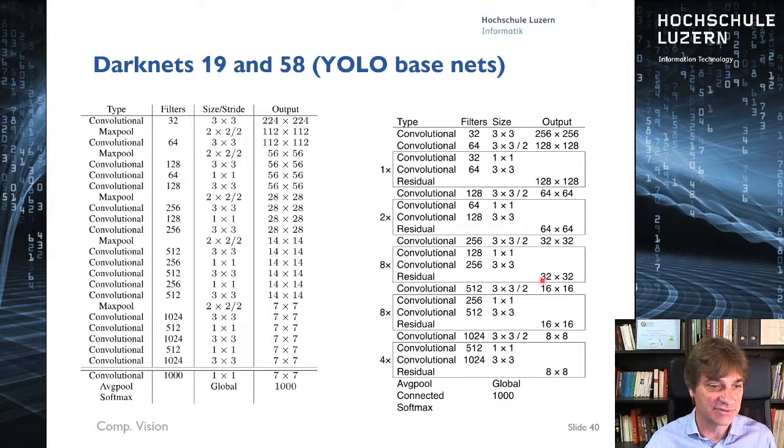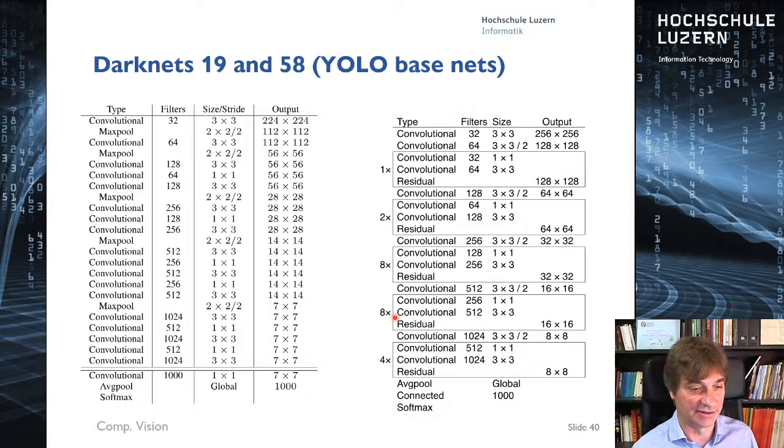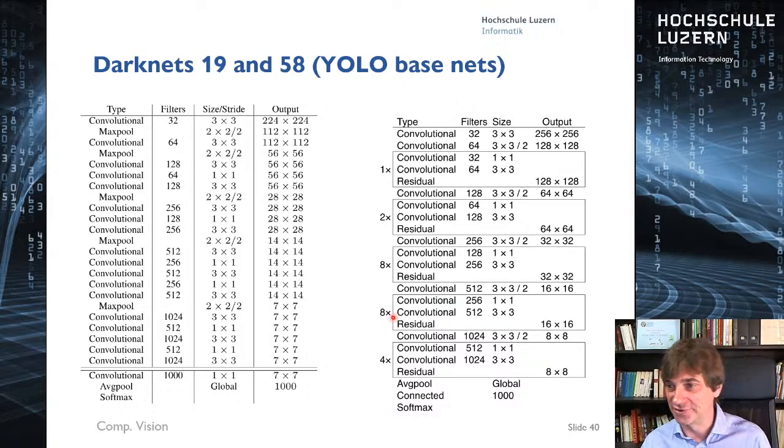So they divide it in some blocks, for example, as we have seen, from larger channels, again by one, fewer channels, again 3 by 3, and then some residual connection, and then repeat this like 8 times in between here. So this will give you quite a large network here.